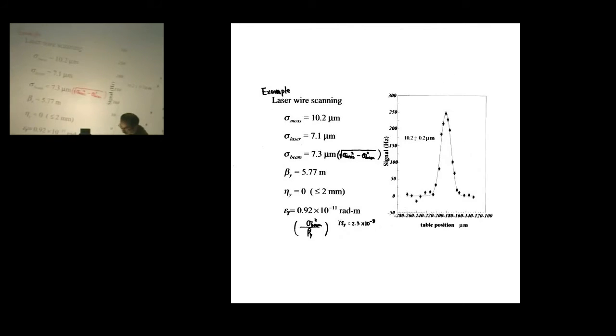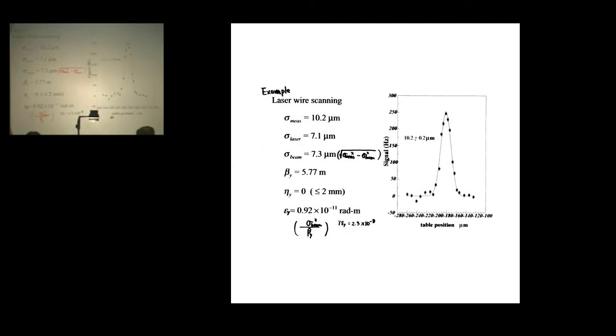Then this system can be movable, so you can measure the beam profile. Okay. So this is one example of laser wire scanning.